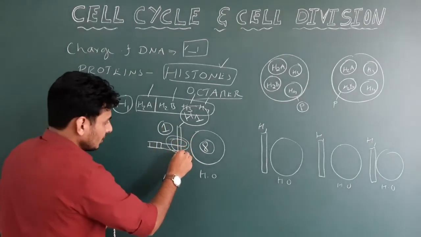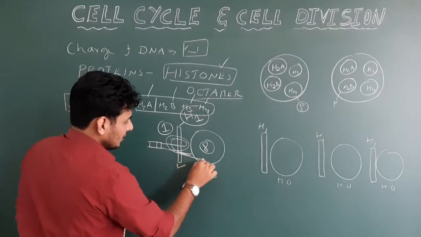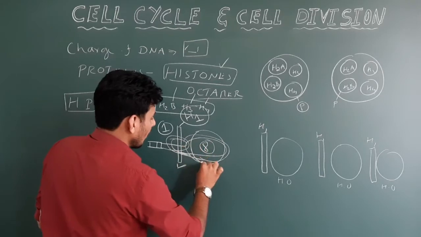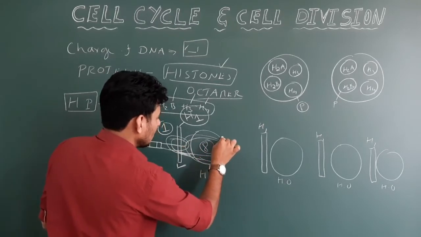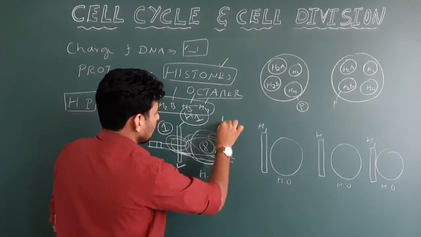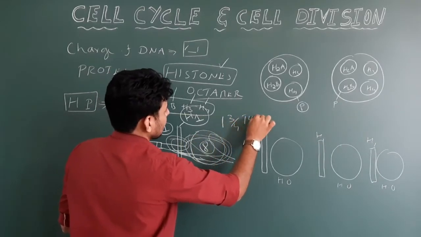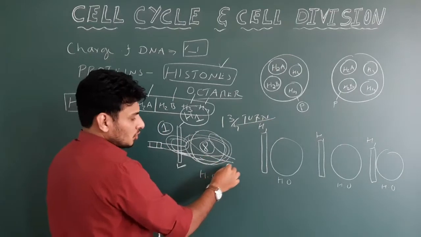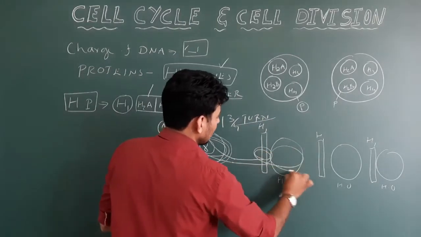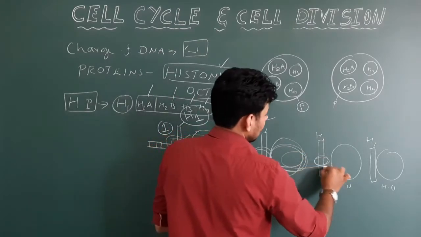Please note this point for the future, very important. Then it wraps around the histone octamer one time, and next it will not complete its full turn. It escapes. That means 1 3/4 turns around the histone octamer, and it goes and meets another H1. Again the same, 1 3/4 times.